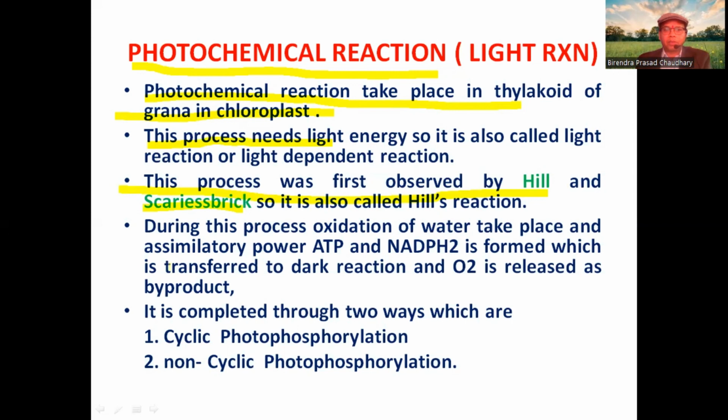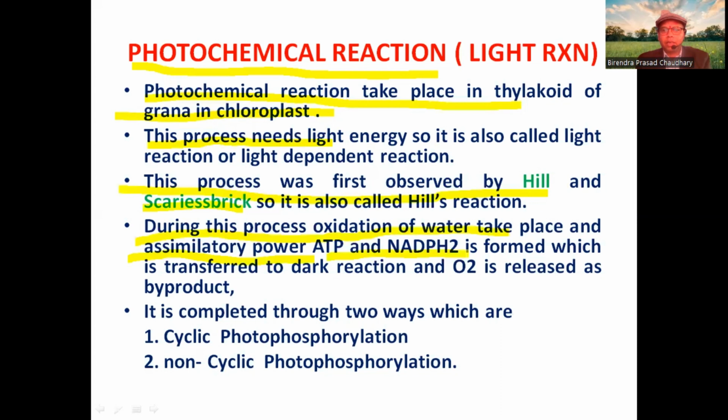During this process, the photochemical reaction or light reaction, what happens? Oxidation of water takes place, and it is very important. Assimilatory power, that is ATP and NADPH2, nicotinamide adenine dinucleotide phosphate, is produced.